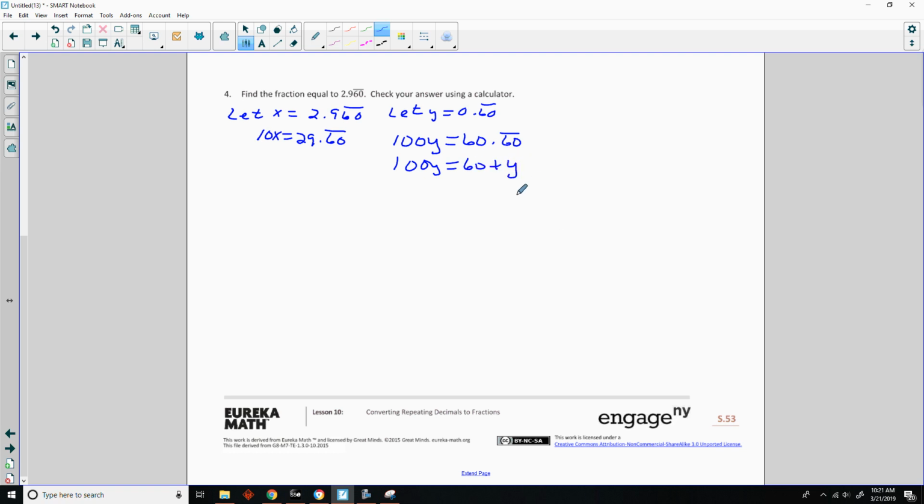So when I subtract y from both sides, I get 99y equals 60, and then I divide by 99, then y equals, now I can reduce this by 3. 3 will go into 60 20 times, 3 will go into 99 33 times. So y equals 20 over 33.